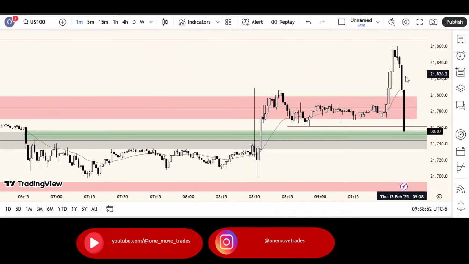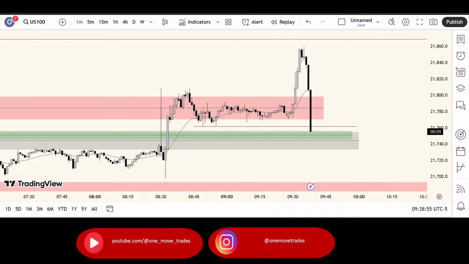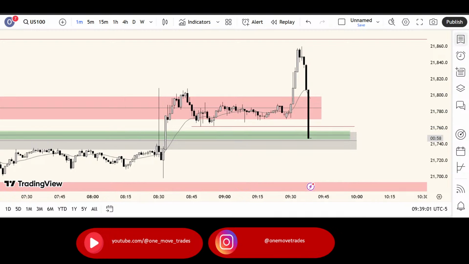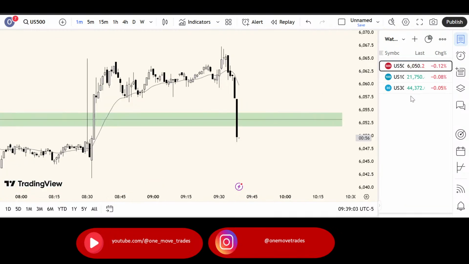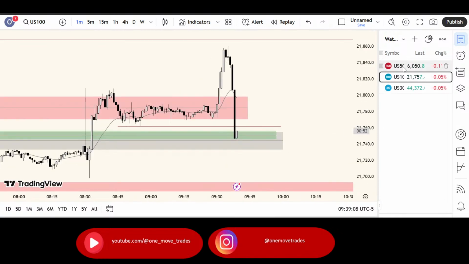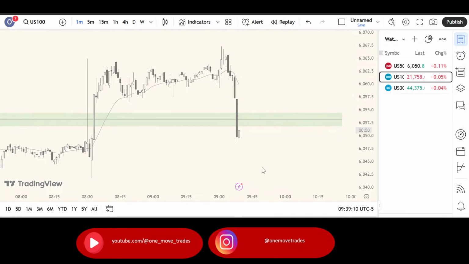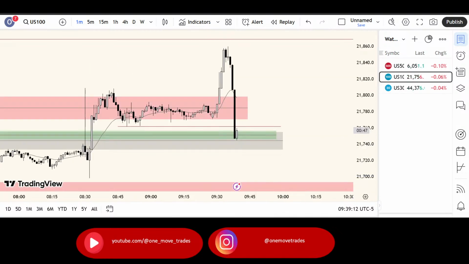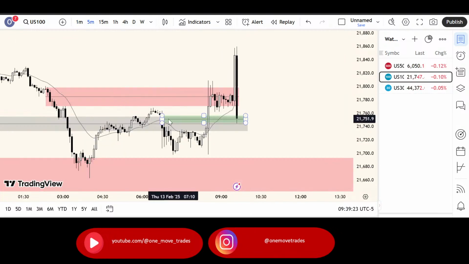So let's wait and see. We tapped into this reversed fair value gap. It's 5 minutes, yes.